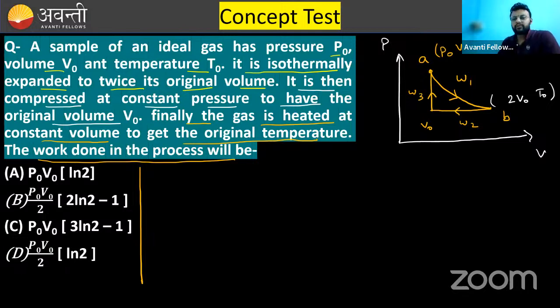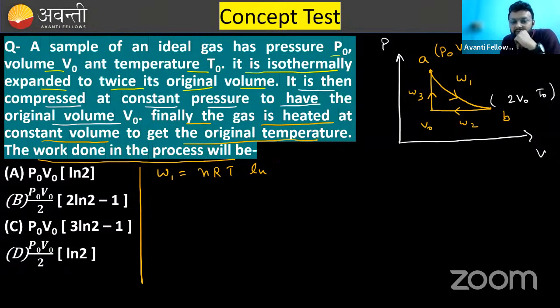First of all, we will calculate W1, then calculate W2, and W3 is already known. So no problem with that. W1 is what? This is isothermal process. And for isothermal process, what we have learned, work done is equal to nRT ln V2 by V1.